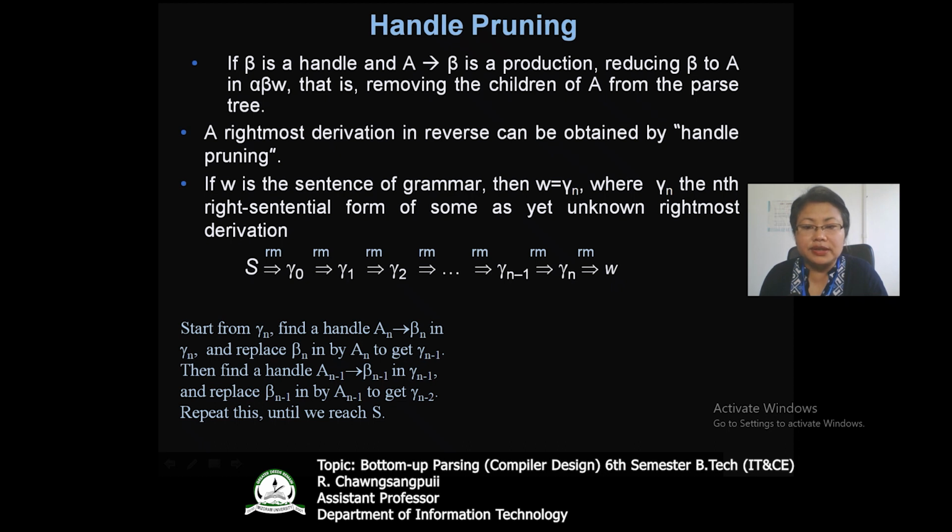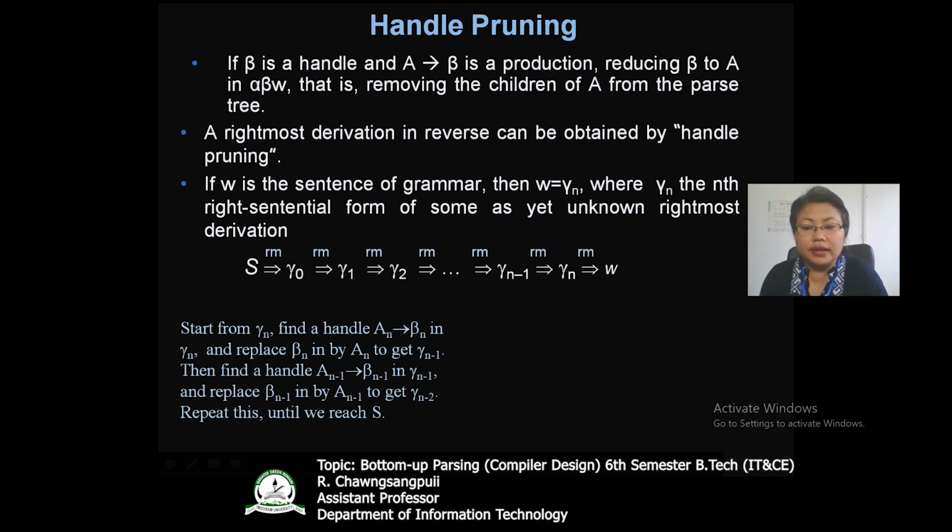Now if w is a sentence of the grammar, then w is equal to gamma n, where gamma n is the nth right sentential form of some as yet unknown rightmost derivation. Like this, you have w, and then you are going to get the rightmost derivation, and lastly you are going to get back the start symbol. What we do is we start from gamma n, find the handle A n can have the form beta n in gamma n, and we replace that beta n by A n in order to get gamma n minus 1.